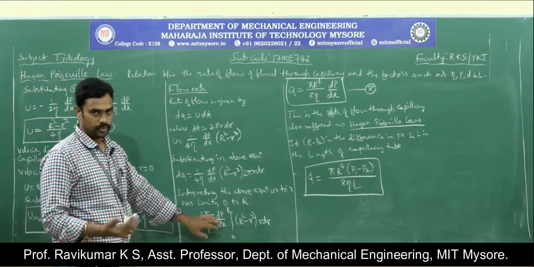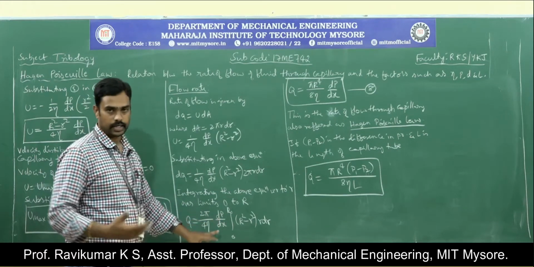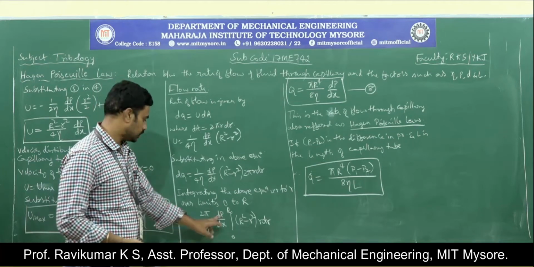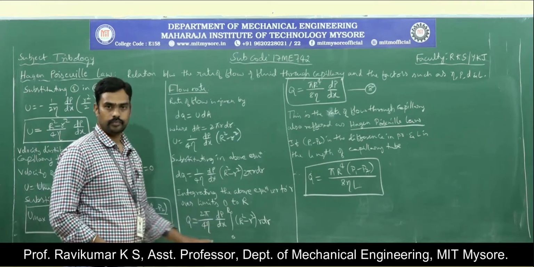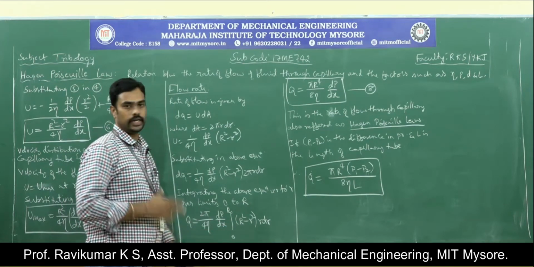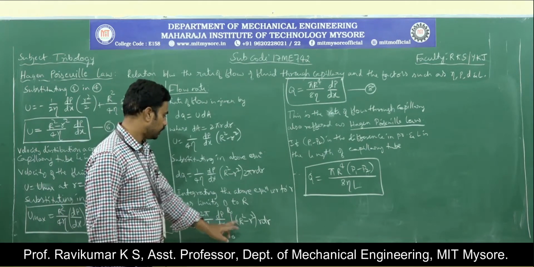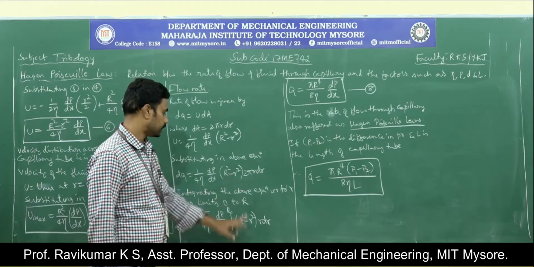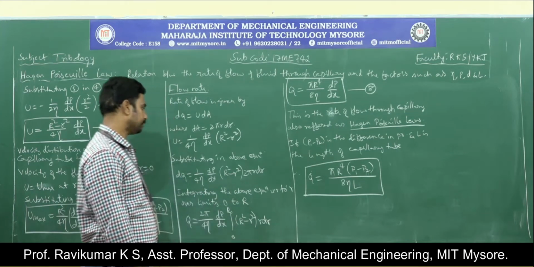Take all the constant terms outside the integration: dp by dx, the gradient, is constant, and 2 pi by 4 eta, the viscosity of the fluid, is constant. Only this varies with respect to r: the integral from 0 to R of (R square minus r square) r dr.